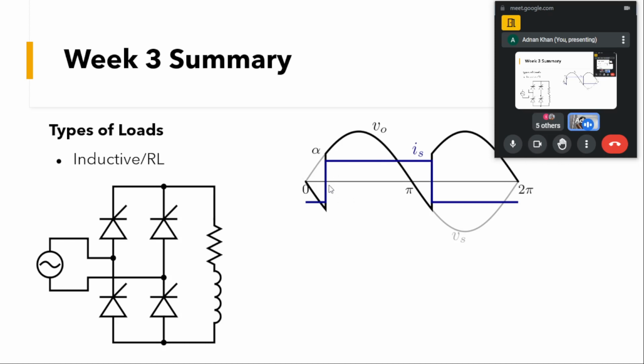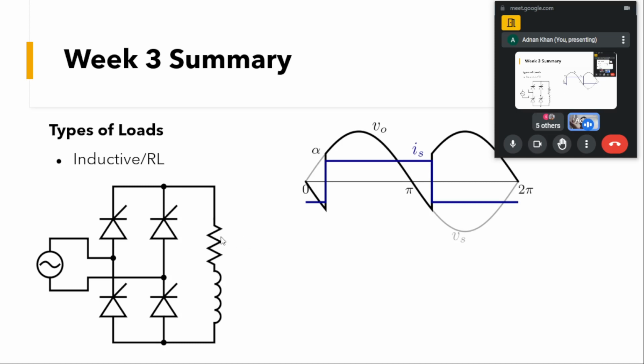So the conduction will start from alpha, but at this pi moment these devices should turn off. But as we have an RL load, in the inductor we cannot interrupt the current instantaneously.